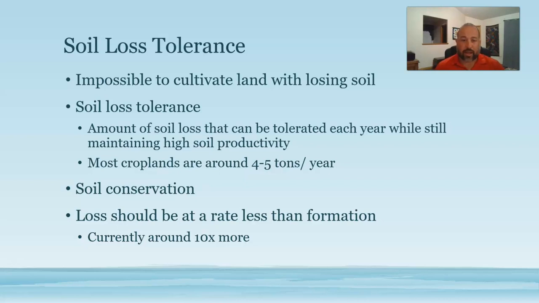When we're talking about soil loss tolerance, we're talking about the amount of soil loss that can be tolerated each year while still maintaining high soil productivity. So for most croplands, that's around 4 to 5 tons per year, which is pretty substantial. 4 to 5 tons of soil lost per year.